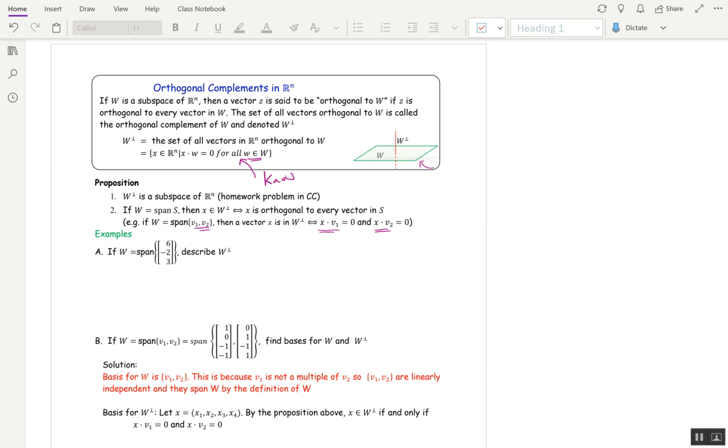So let's see how we can put that proposition to work. If W is the span of this vector, so that will be a line in R3, describe W perp.